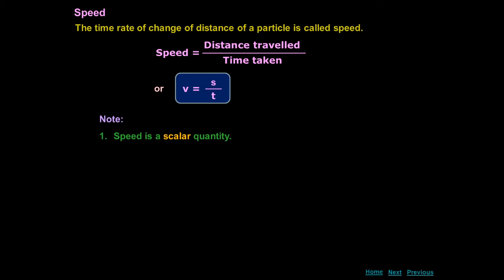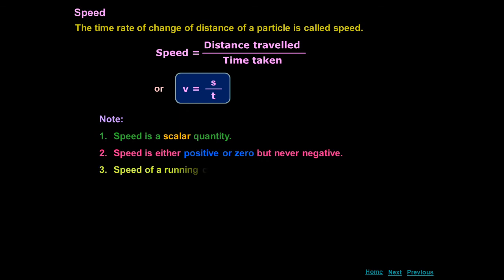Since speed equals distance by time, speed is a scalar quantity. Speed cannot be negative, either it is positive or zero. And the speed of any vehicle is measured by a speedometer.